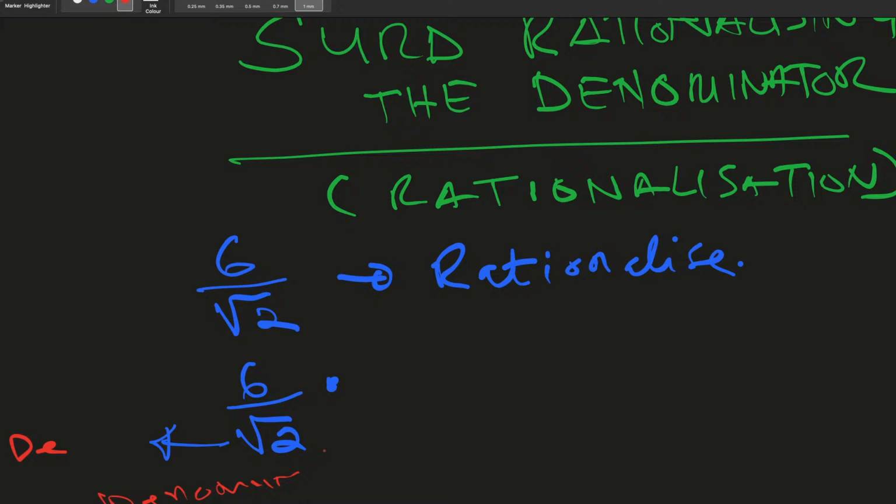To rationalize 6 over root 2, all what I have to do is, since I'm rationalizing the denominator, I will multiply here by root 2 and here by root 2.